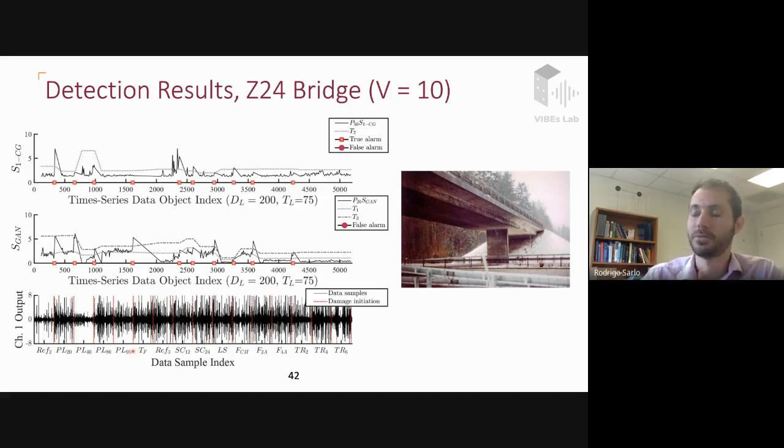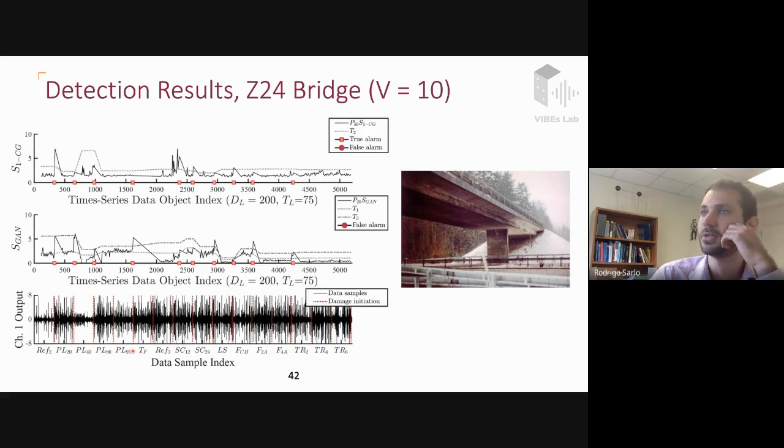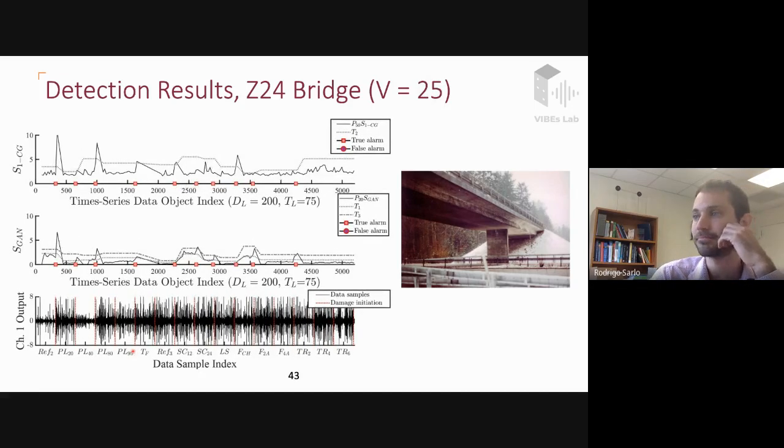We were able to detect changes in damage type, just not necessarily in severity every time. All right. So that's for a detection window of 10. When we go to a detection window of 25, again, the data gets smoother, but the thresholds adjust, and we actually get the same level of detection. So everything that was detected before is detected again.